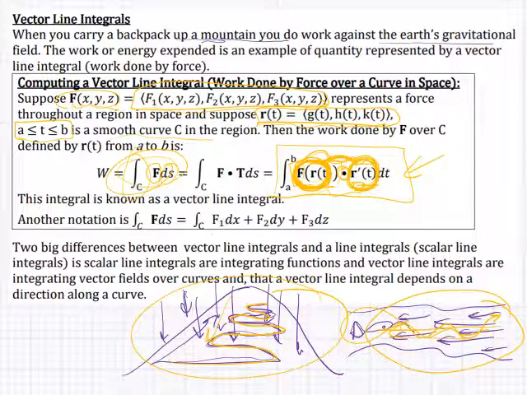Another notation that you'll see for vector line integrals is this notation. It doesn't really get to the heart of how we're going to do this, but it is another notation. So the big difference between scalar line integrals and vector line integrals is what are you integrating over? Curves in both cases.